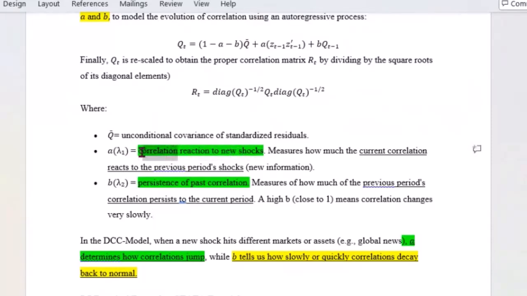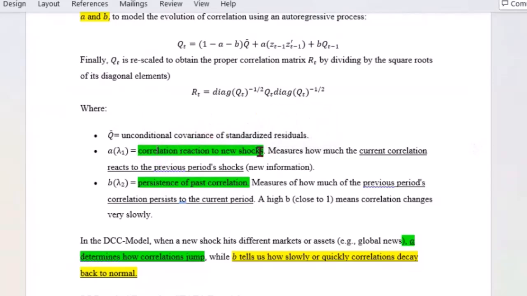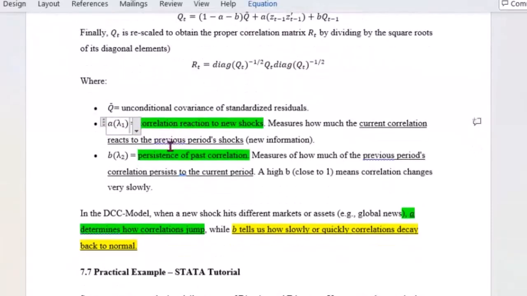So the correlation between these two variables, how does that correlation behave in case there is some shock? For instance, there is COVID-19, there is an election in our country. How does the correlation between the two behave? That will be told by this parameter.